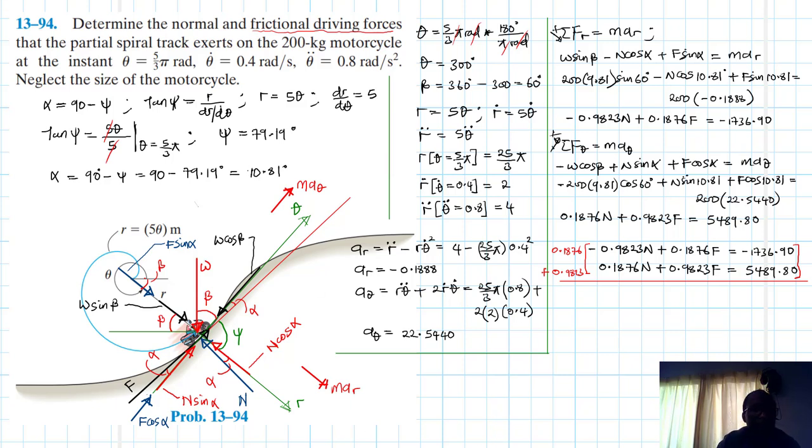Okay, so this gives me F is just going to be equal to minus 1736.90 by 0.1876 plus 5489.80 times 0.9823.